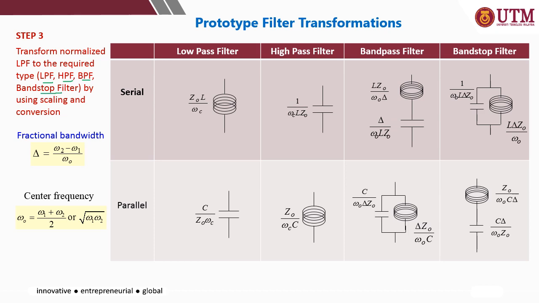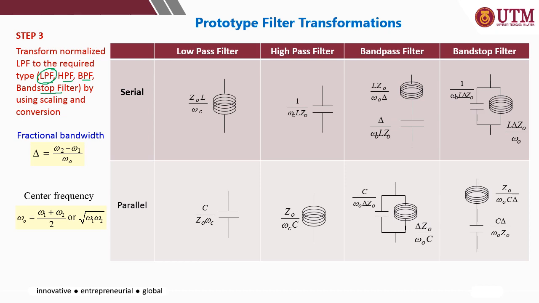In the second step, you design a normalized low pass filter. If the project requires you to design a low pass filter, then you can use the same configuration, but the component values must be recalculated depending on the filter transformation equation.